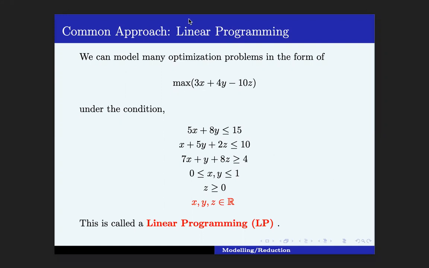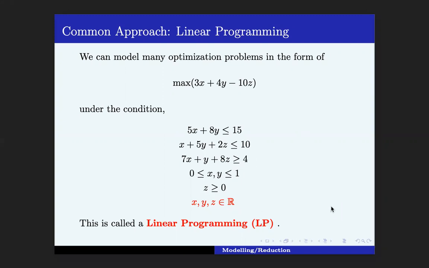So the definition essentially boils down to the fact that the optimization problem and the constraints both have to be linear equations. Exactly. That is all. And the variables are real numbers.